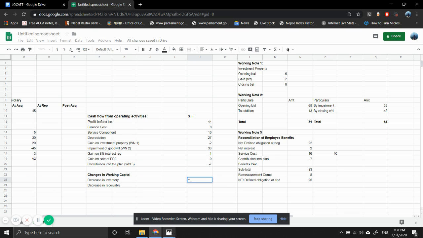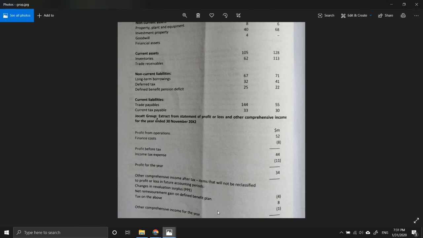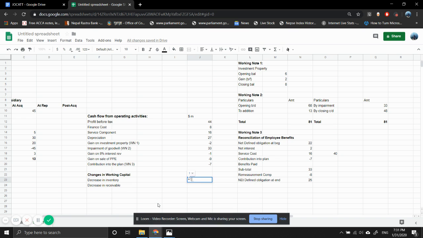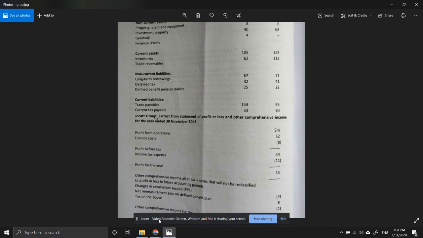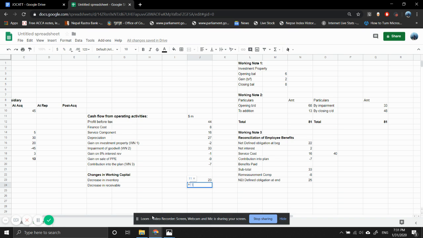So this figure will be small figure minus the bigger figure. So 105 minus 128. No inventory revaluation, I guess. Nope. That's 128 minus 105 because inventory has decreased. That means cash has come into the business. So receivables has decreased. 113 minus 62, right? Anything else?